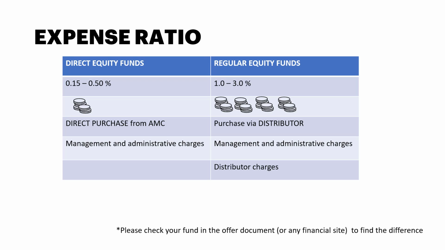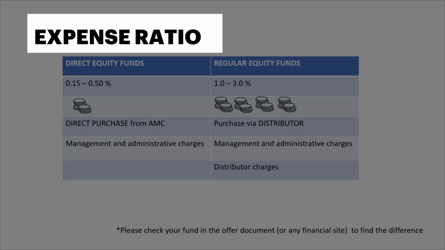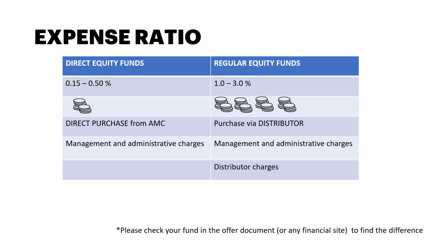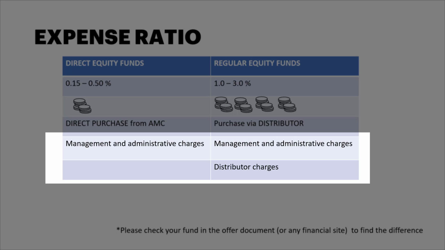In a direct equity fund, the expense ratio, which is basically the charges taken from your earnings by the asset management company, is less, which is very good for the investor.